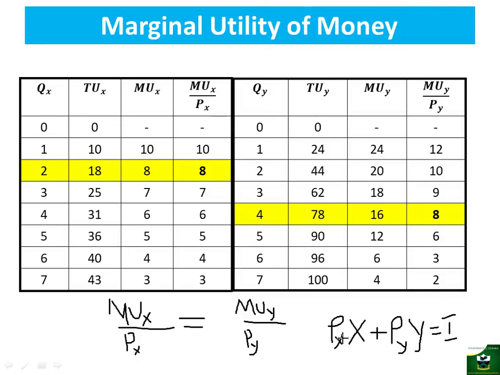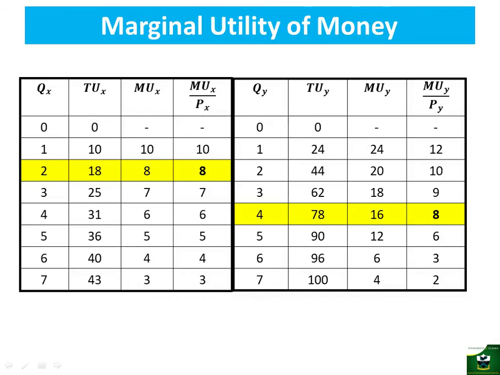In our example, income has been put at 10. The price of X is 1. The price of Y is 2. So when we get the quantities here and multiply by the prices, we should get the money income of 10. Allow me to work it out from here. Let me remove this and start a new one.